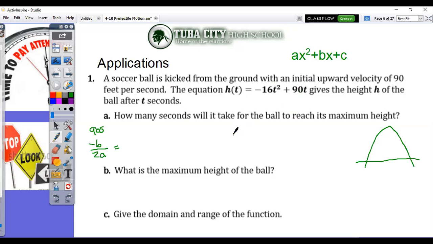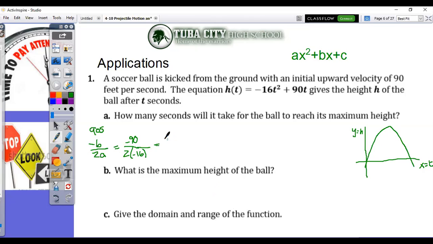If we were to graph this, we would need to replace t with x because x is the sideways, but in this case here, x is t. And if we're talking about graphing it, y is the height. So negative b, so that would be negative 90 over 2 times negative 16.